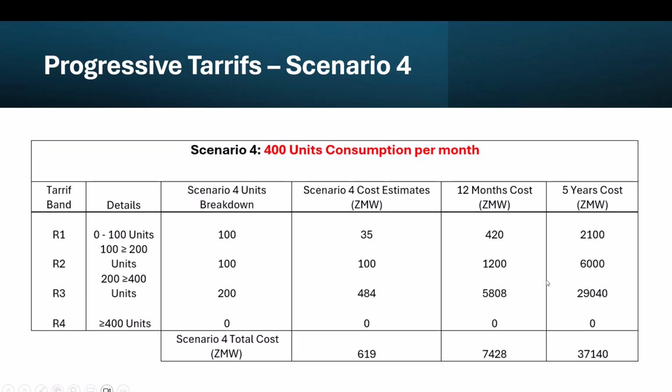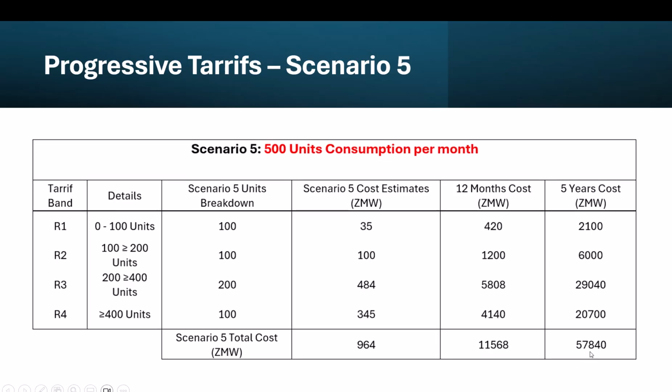But when we go to 400 units, that's 37,140, and 57,840. Already for scenario 3, scenario 4 and scenario 5, it gives you an optimal system that you can invest in. And from my background calculations, at the current rates, considering that you invest this and you have a return, this will pay you back in about 3.5 years on average.